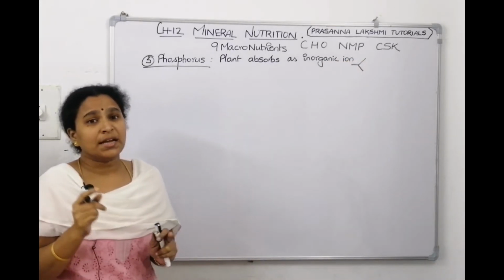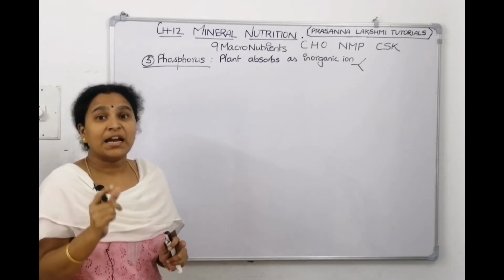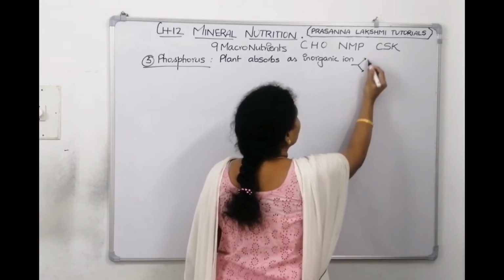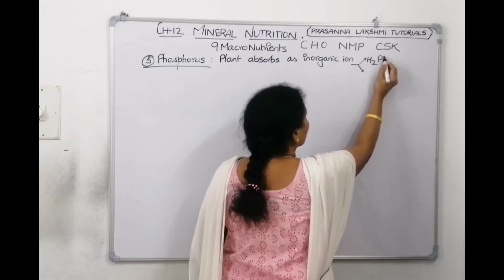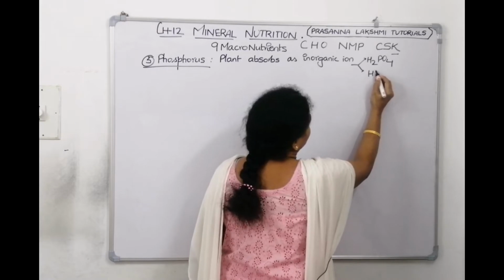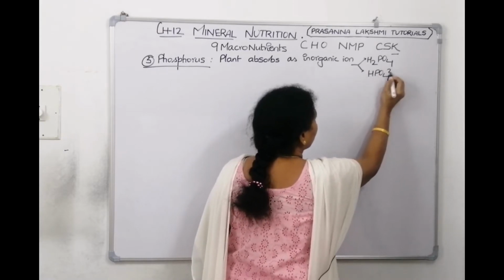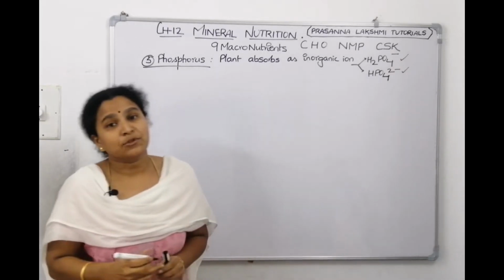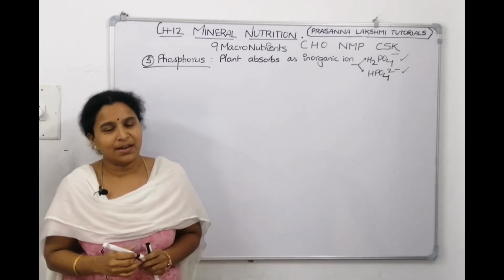What is that? H2PO4 minus and HPO4 2 minus. In two anionic forms it will absorb. Either H2PO4 minus in this state or HPO4 2 minus in this state, plant absorbs phosphorus from the soil, right?